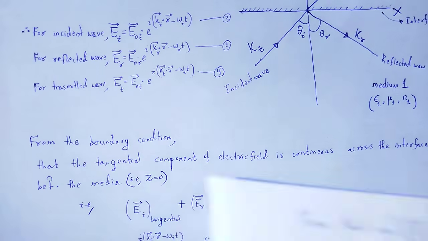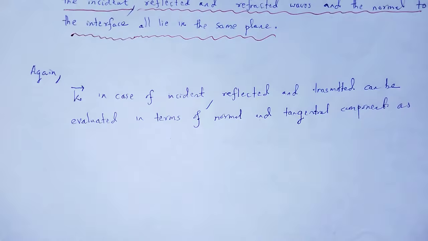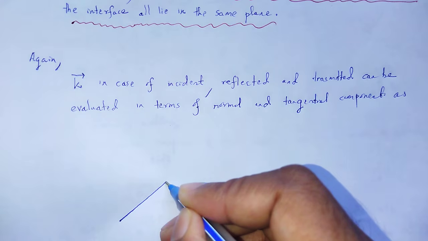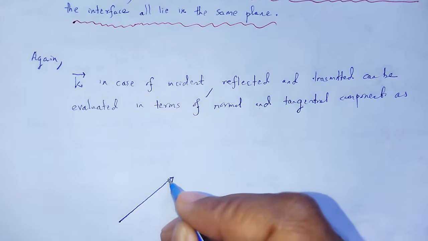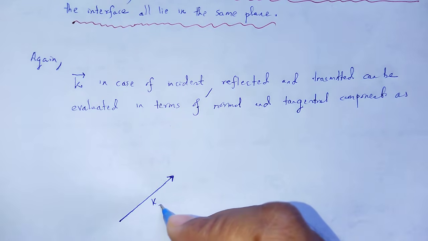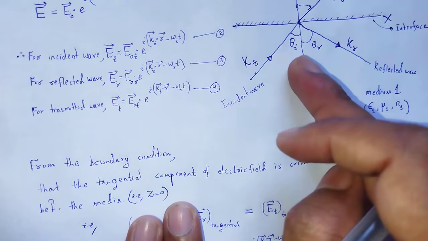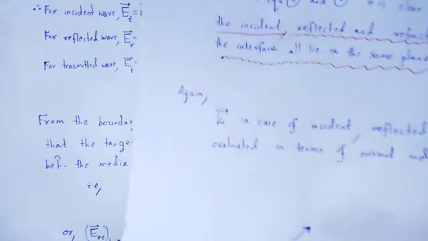this is the incident wave. Let us choose for incident wave, that is ki, that creates an angle theta I, which is angle of incident.